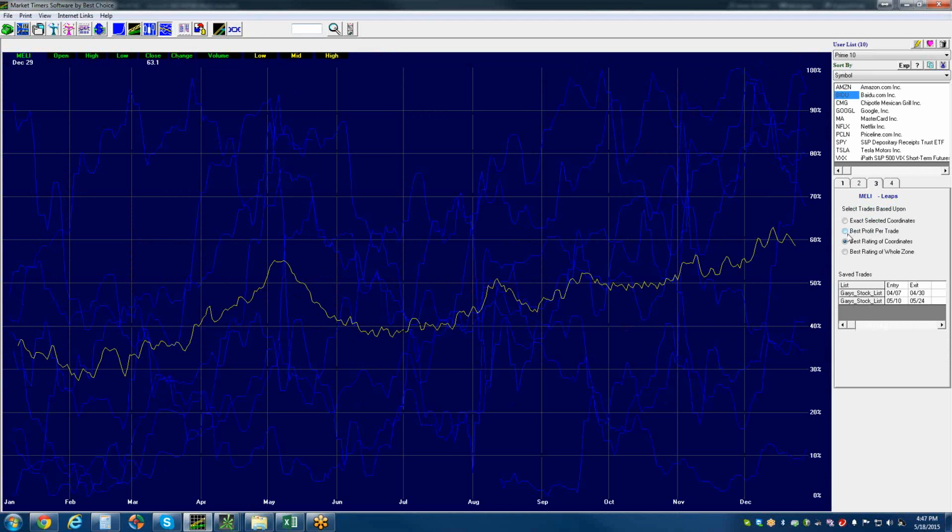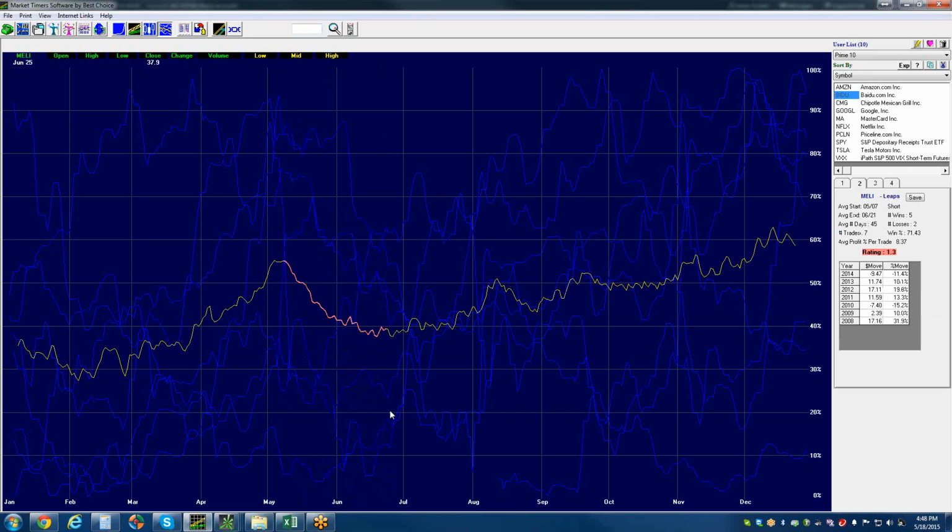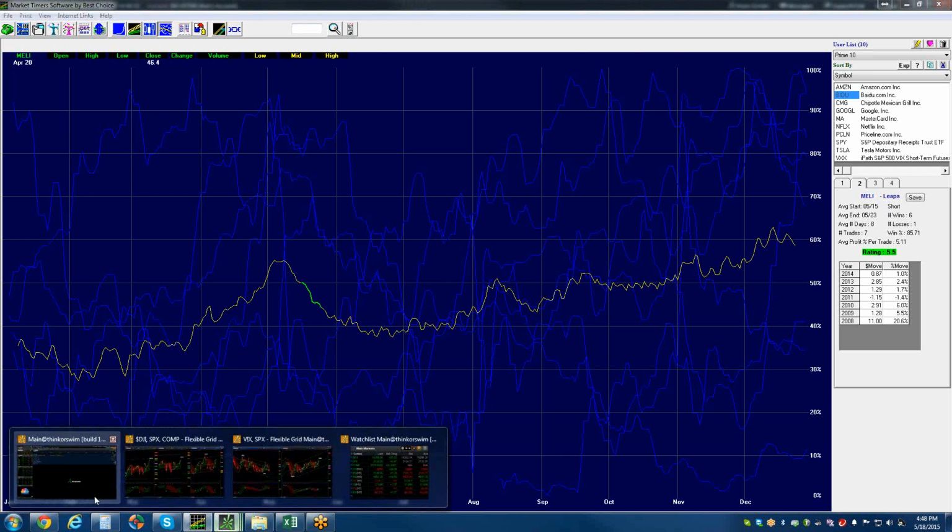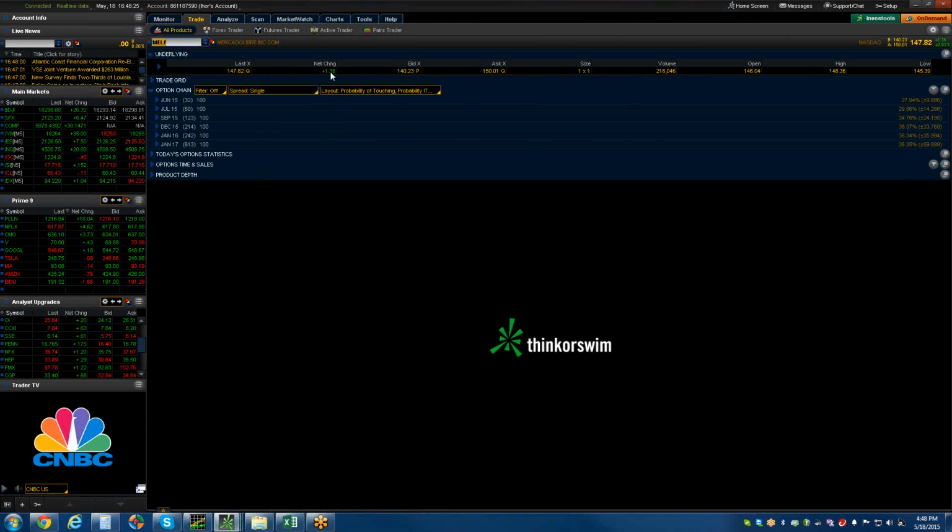If I change this to best profit per trade, start in the beginning of May and drag it all the way to June, there's a 71% probability it goes all the way to the end of June. I don't think there's a stronger trade than the one that's right there. Well, there's that one again, real tight. So you could look at the short-term play if things start going sideways or down tomorrow with the stock. Okay.